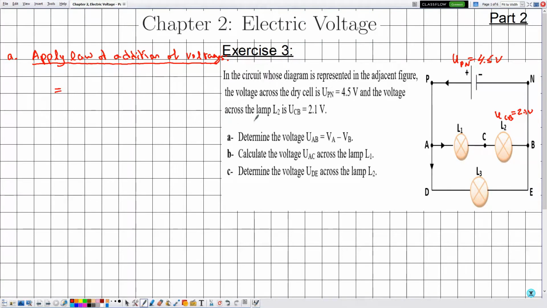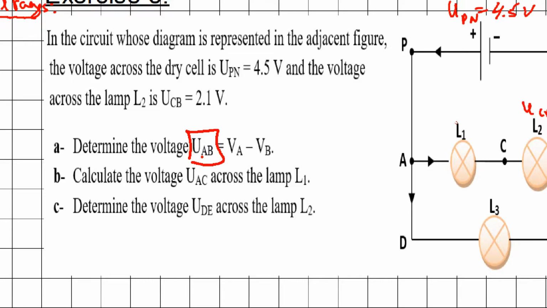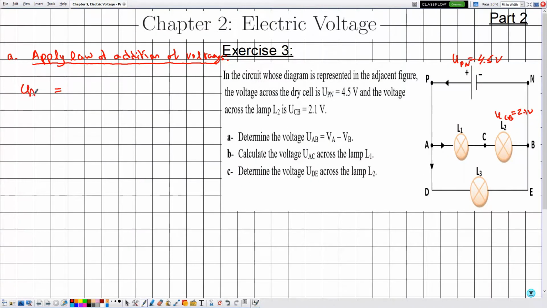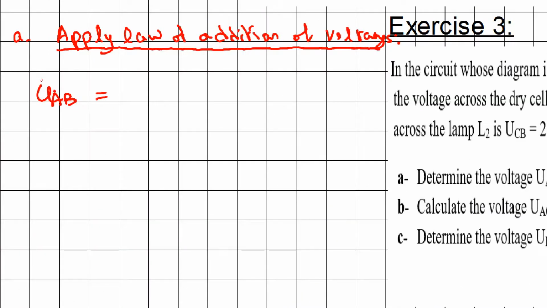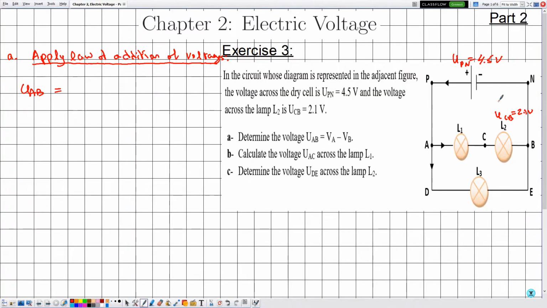Always on the left, we will write the voltage that we are interested in calculating, which is UAB. And on the right hand side of this equality, we will write voltages across different electric components starting from A and ending with B, such that we know the voltage across these electric components.